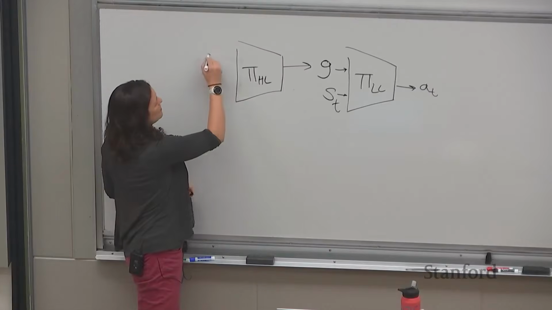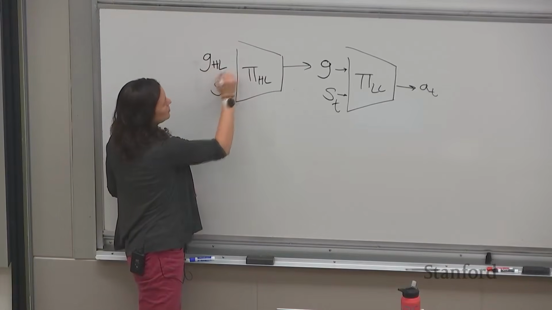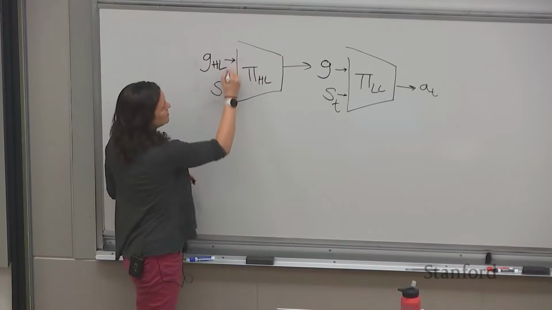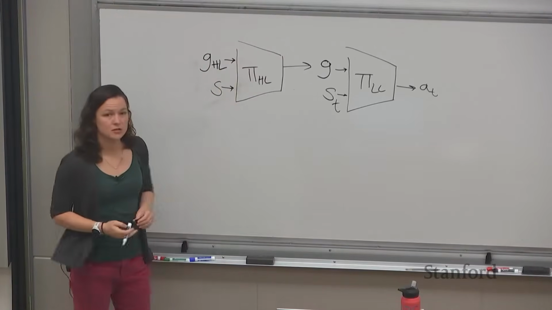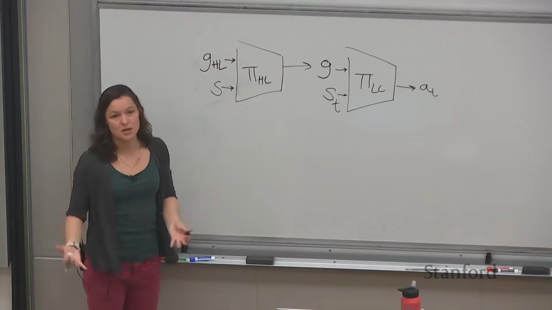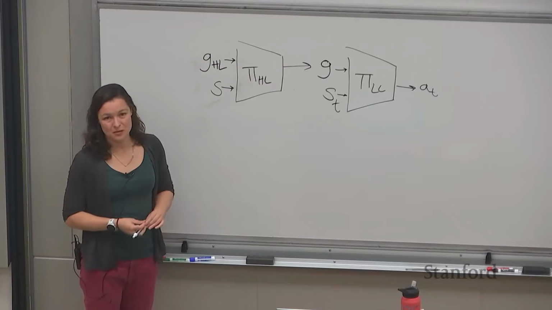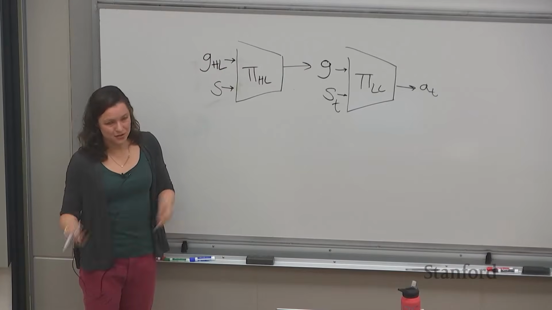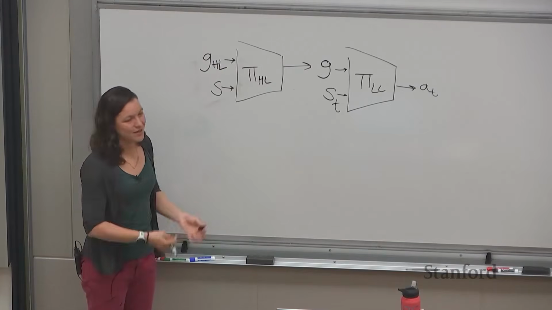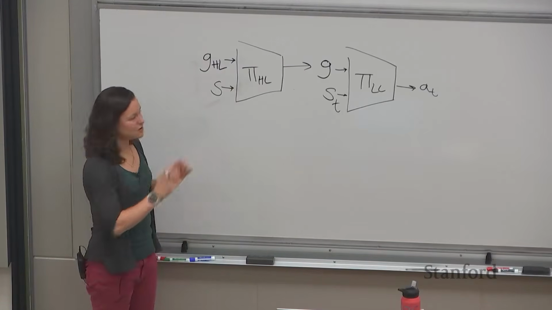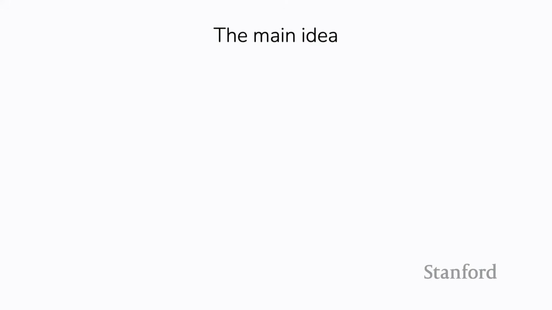So we, for example, could have goal high-level as input to this policy if you want to be completing not just one long-horizon task, but multiple long-horizon tasks. Like not just driving to Yosemite, but also being able to drive to the Grand Canyon or LA or Seattle or something like that.